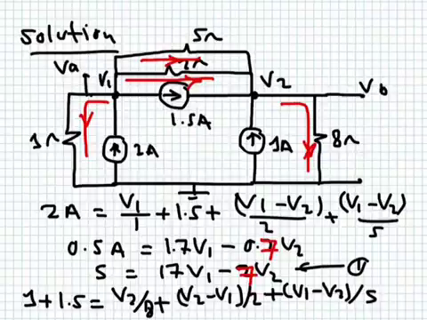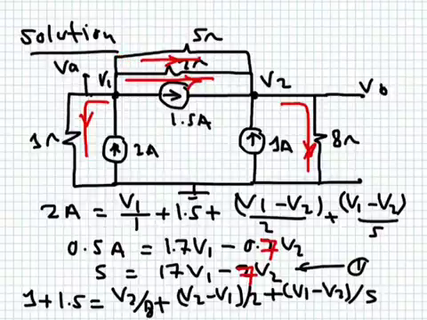Well, so if we try to write the equation, let's write it. We can write it in a different way. We can simply say that these two are flowing in, and everything here is flowing out. We can have these three things flowing out as well. So 1 plus 1.5 is equal to V2 over 8 plus V2 minus V1 over 2 plus V2 minus V1 over 5.